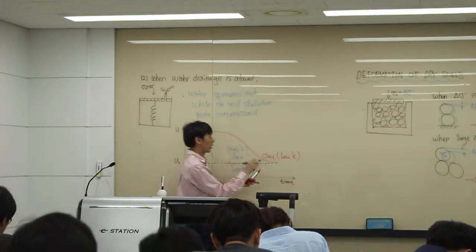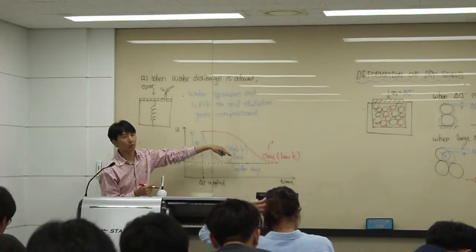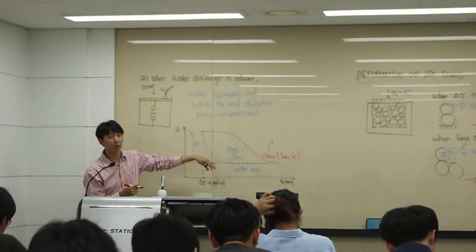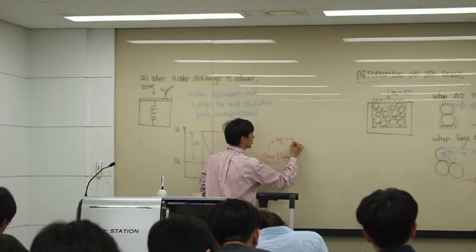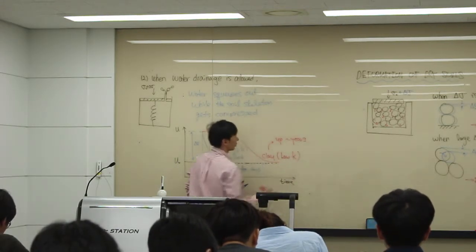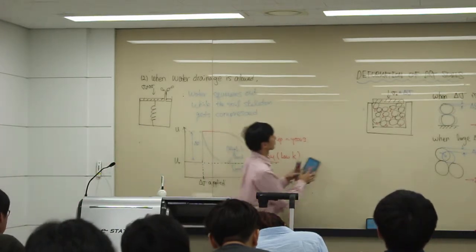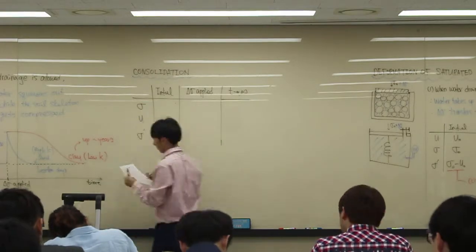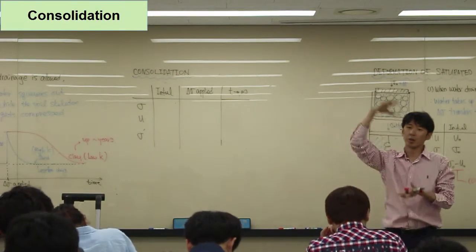But in the case of clay, this pore pressure reduction, or we say pore pressure dissipation, can take about 1 to 2 years. So we're going to think about the clay, and we apply the stress.